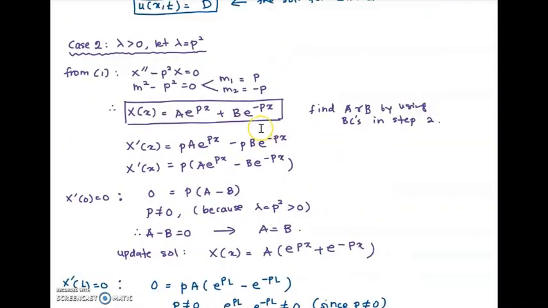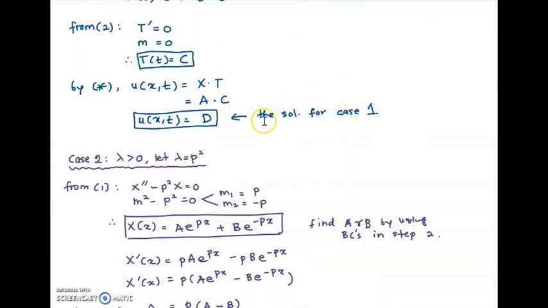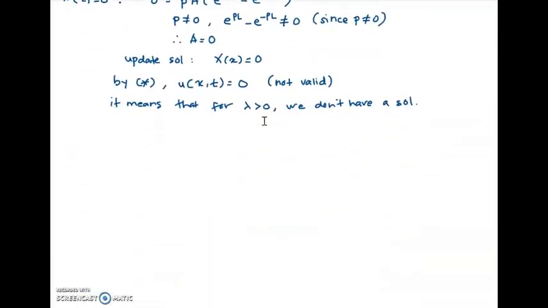Before this, for case 1, we have the solution, but for case 2, lambda is positive, we don't have the solution. So now we have one more case, case 3, that is when lambda is a negative number.